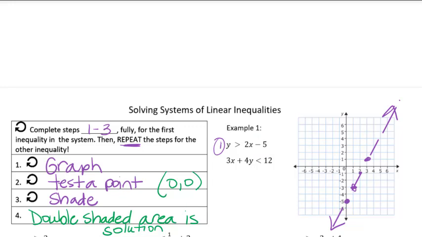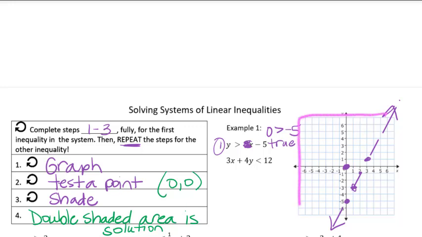And then we are on to testing the point 0, 0. So I'm going to go in here. I'm going to plug in 0. 0 is greater than, and remember 2 times 0 cancels out, so we don't worry about that, and we just put -5. And then we ask ourselves, is 0 greater than -5? And that is true.